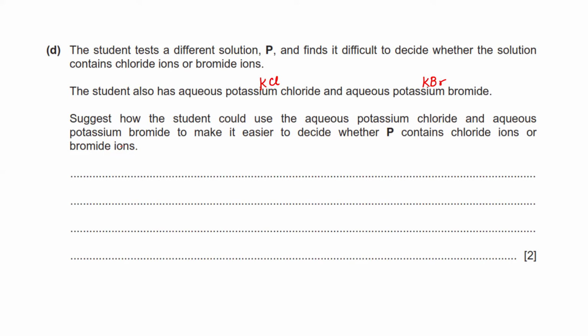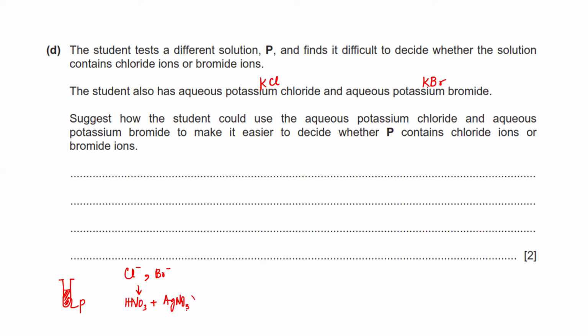So what the student will be doing? So this is the solution of P. The test for chloride ions and bromide ions is add HNO3 plus silver nitrate.